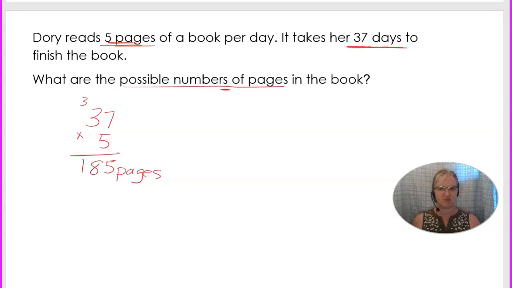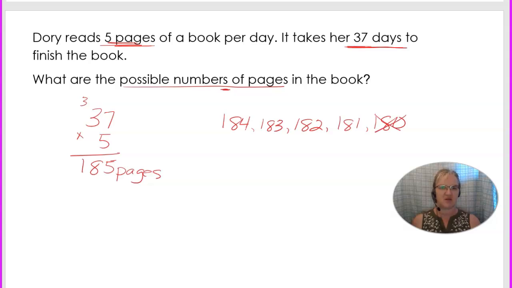Now, is it possible that there could be 184 pages? Yes, it could, because maybe on the last day she only had to read 4 pages. What about 183? Maybe the last day she had 3 pages to read. 182? If she had 2 pages left on the last day. 181 if she only had 1 page left. Could it be 180?